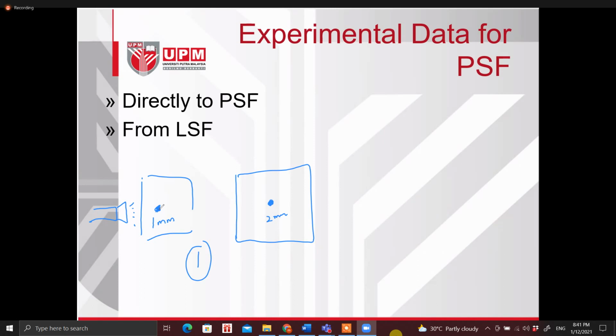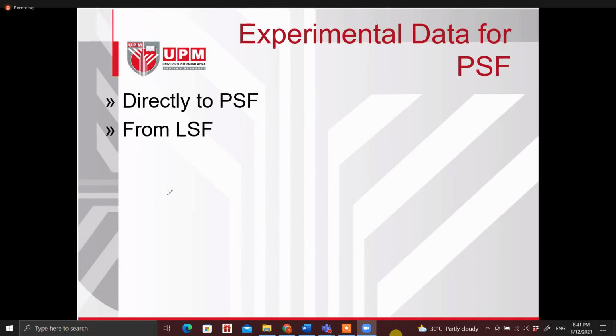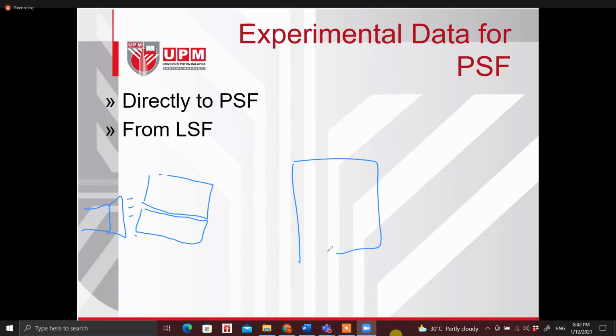The second way of doing that is, instead of having a point, which sometimes can be very difficult to ensure has a very good round shape, if you have two papers and you put a torchlight and capture the image, you will get one line of light, because you have two papers.